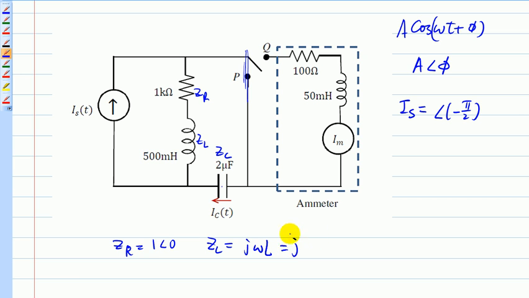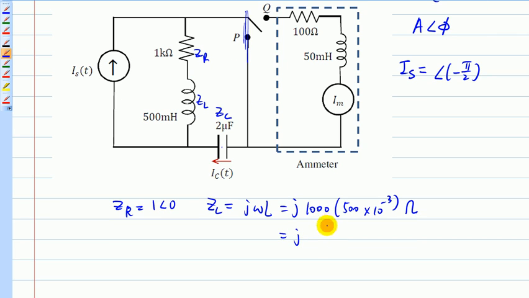So let's convert to standard units. Omega is 1000 and L is 500 milli, so that's basically 10 to the power of negative 3. What you get over here is ohms. You can convert that to kilo ohms just to save your writing a little bit here.